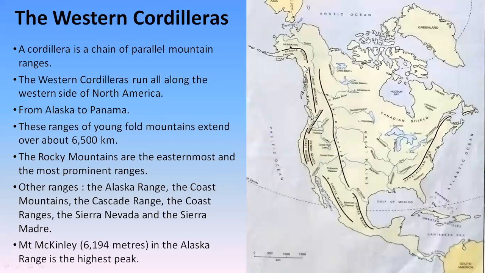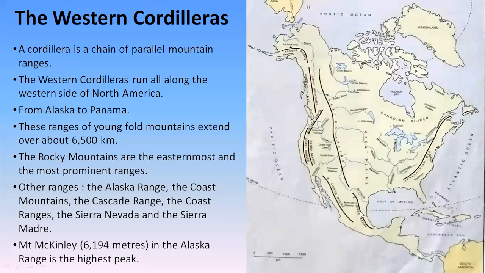The other mountain ranges are, first, the Alaska mountain range over here, then the Coast mountain range over here, and a part of that is over here also. On the western coastal side of North America you will find the Coast mountain range. Then the Cascade mountain range over here, then the Sierra Nevada mountain range, and the Sierra Madre over here on the Mexico side.